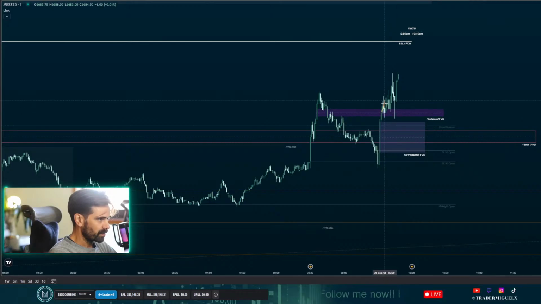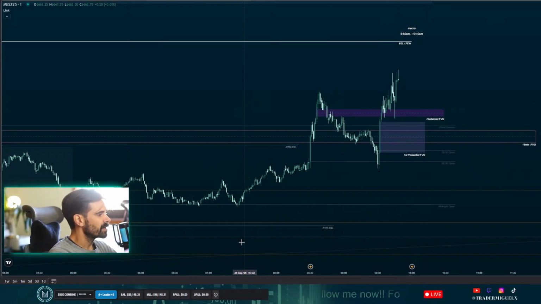So a retrace back into the reclaimed fair value gap and then a push to the upside in between 10 a.m. I would like to see NQ follow ES, but it's still weak. I don't like how NQ is behaving right now. Seems like it's cooking something, and that can be tricky.